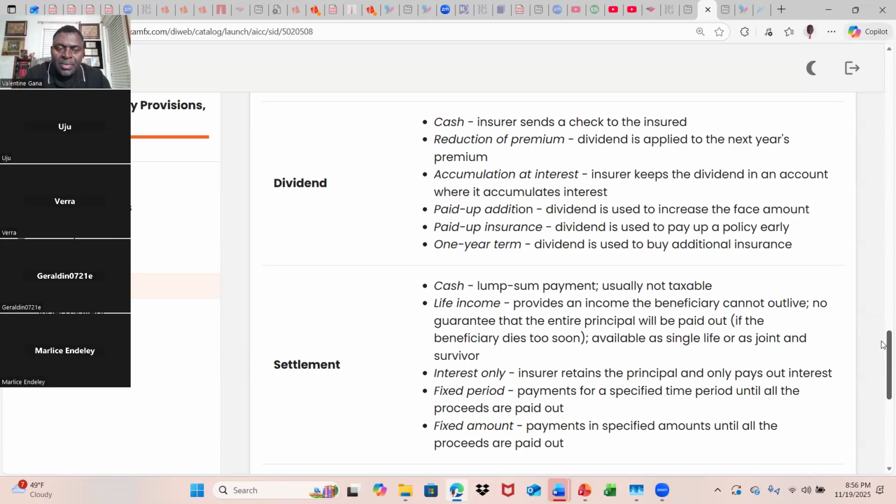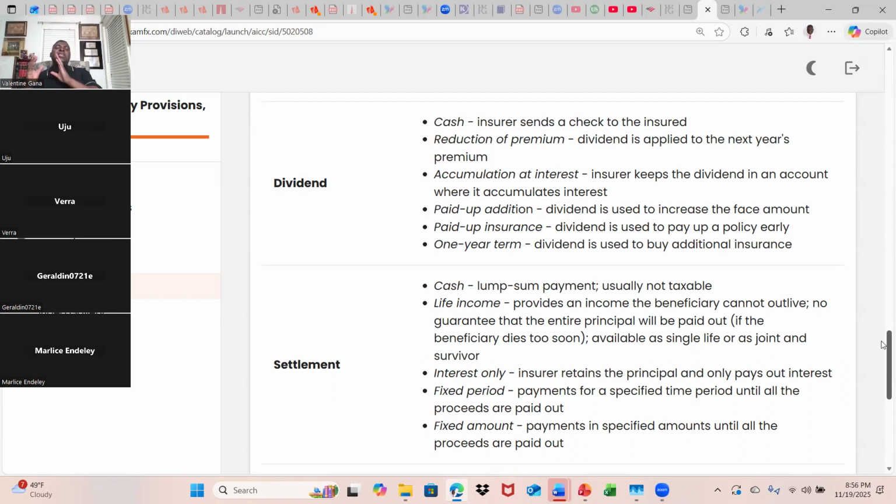You'll see this question in the exam 100%. And you just have to remember that dividends are not taxed. When they pay policy owners dividends, dividends are not taxed.